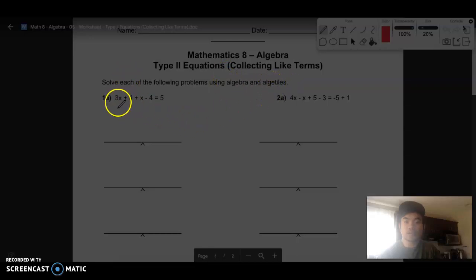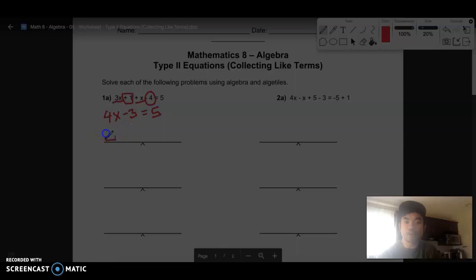For the first one, let's just do this very quickly. What is 3x plus x? Well, 3x plus x is actually 4x, okay? And then positive 1 minus 4 is actually negative 3 equals 5. So this is what I'm going to draw.